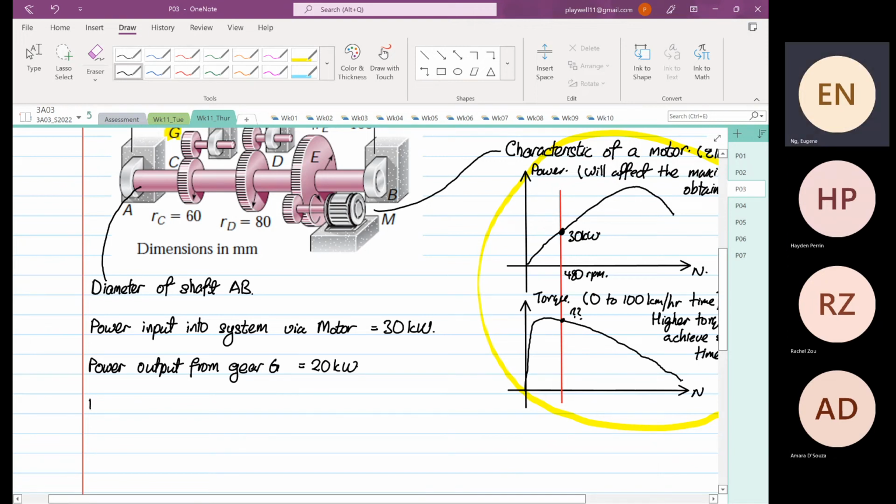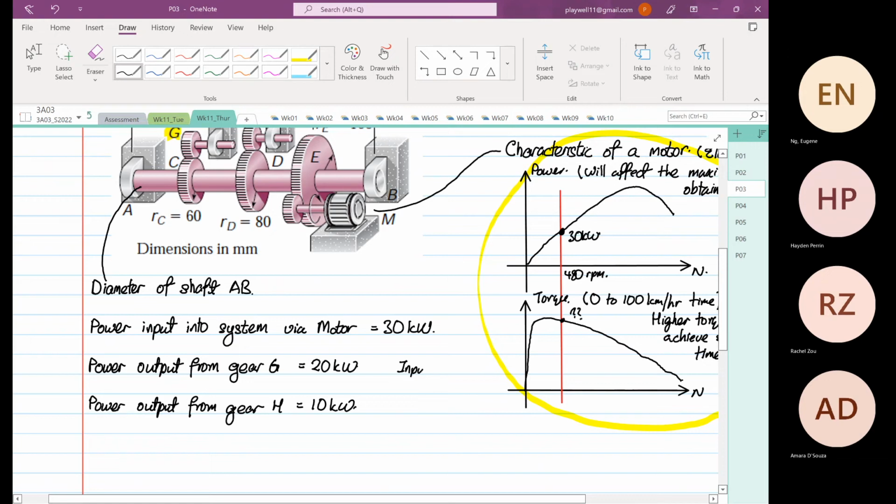And power output from gear H, yep, gear H is equal to 10 kilowatt. Okay, so you realize that input is equal to 30 kilowatt and output is 10 plus 20 kilowatt, and it's conservation of energy.